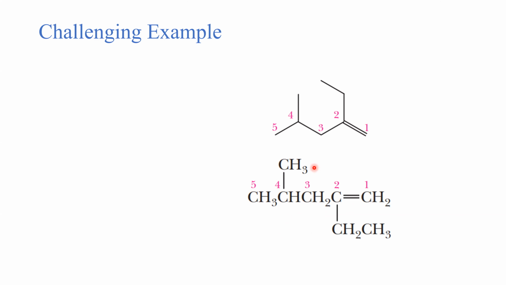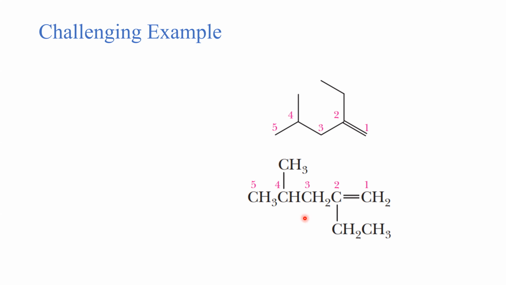But what about the substituents? There is the ethyl substituent at carbon 2, and there is the methyl substituent at carbon 4. So another rule for naming substituents is that when there is more than one substituent and they are different, we will write them on the basis of their alphabetical order.